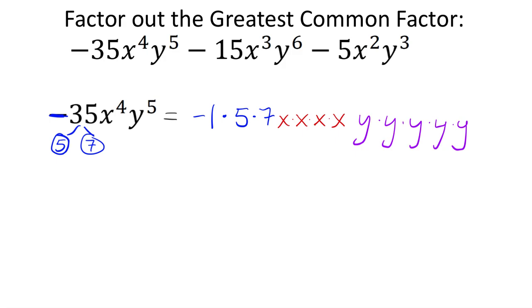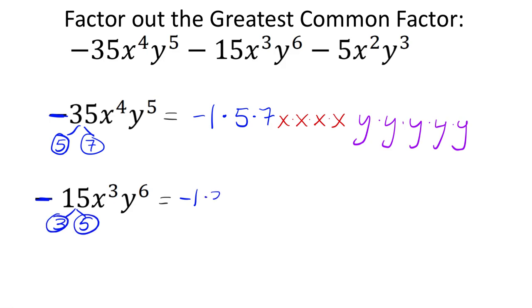Now we're going to look at the second term, negative 15x to the power of 3, y to the power of 6. And let's go ahead and just see what we get out of that. First, once again, I notice that it is also a negative. So I'm going to show that with a negative 1. The 15 splits up into a 3 and 5 factors.